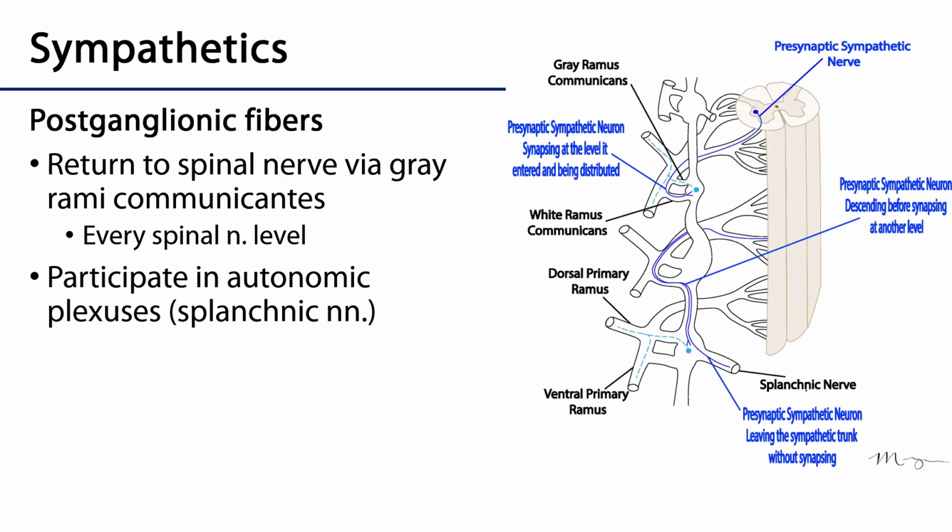So those post-ganglionic fibers, just to reiterate, they're coming back to spinal nerves via the gray rami communicantes, and this happens at every single spinal nerve level. So whereas the white rami communicantes are between T1 to L2, that's the outflow, the gray rami communicantes are at every level.